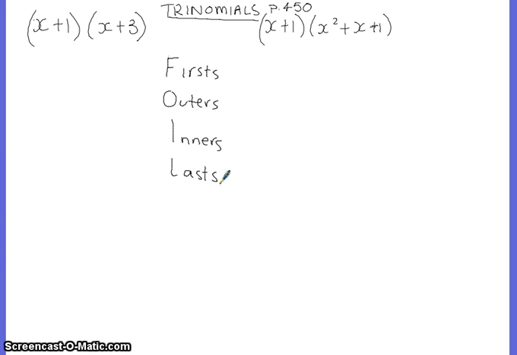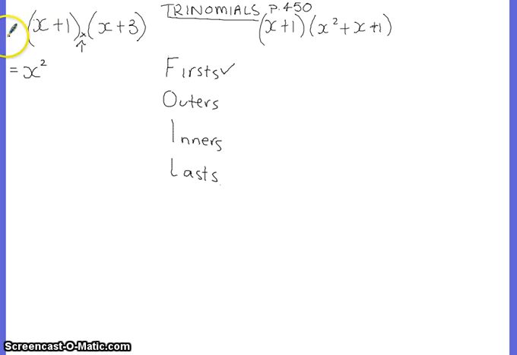So there was one or two ways of doing this. We could do first, so the first things that come into each one of these, and remember that there's a multiplication sign between the two. Our first is x times x, and so x times x is x squared. So we've done this. The next thing to do is outers.